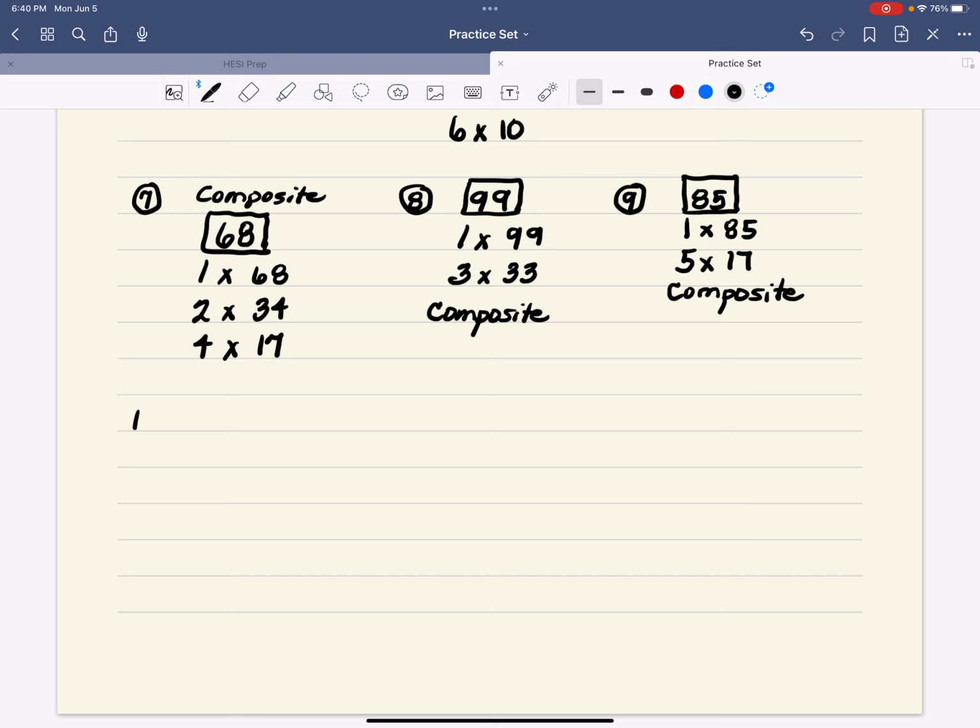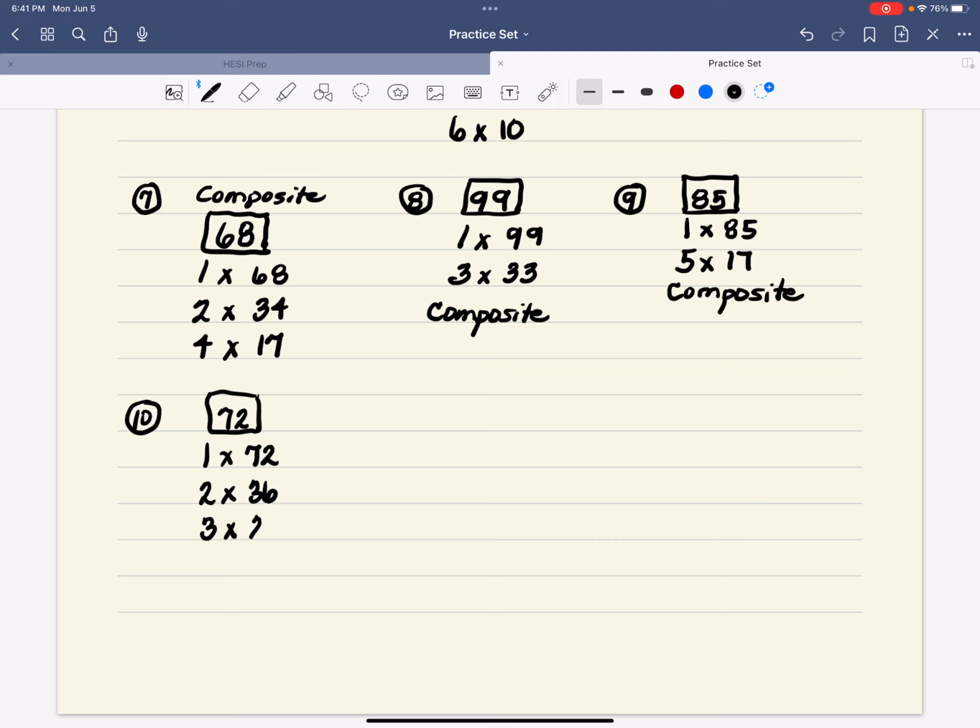And then number 10, 72. I know that's not prime because it ends in an even number. So it's divisible by 2. 72 divided by 2 is 36. 3, I believe, will work as well.